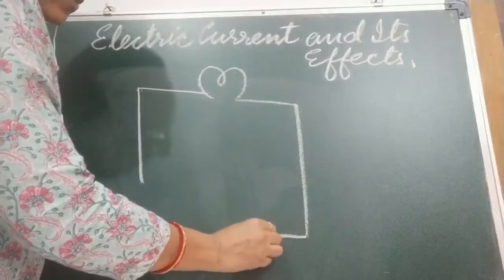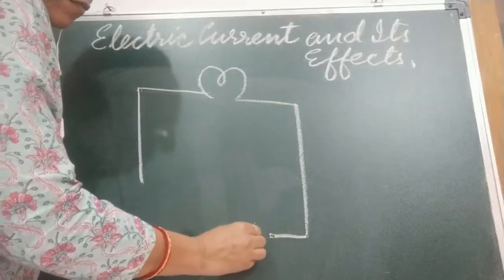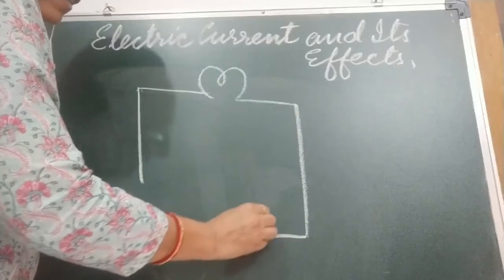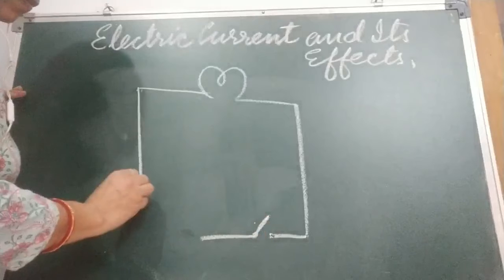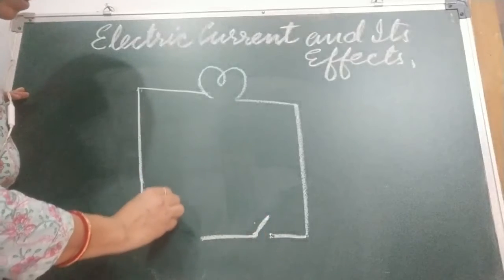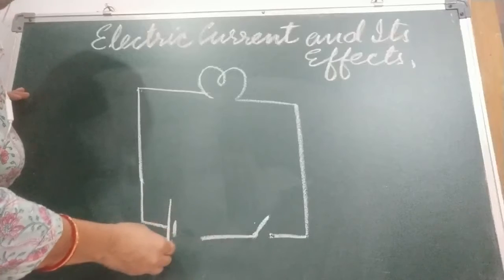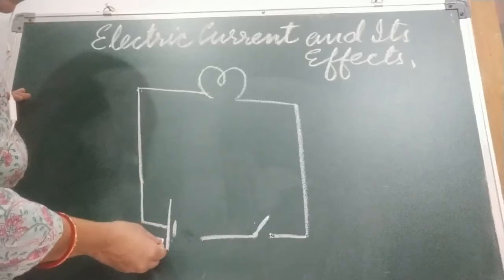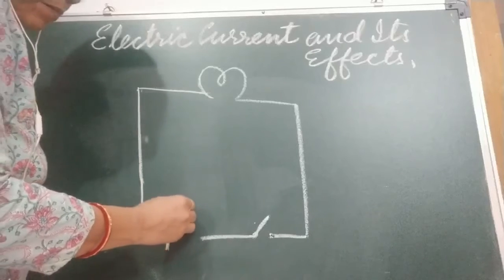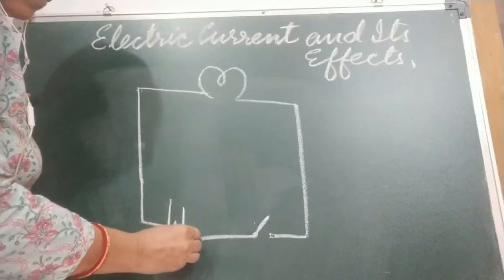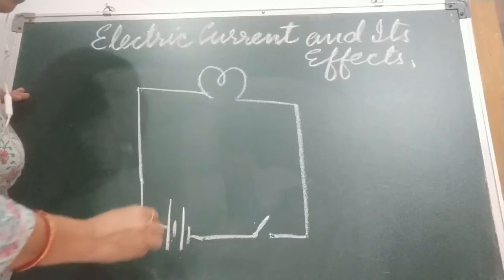Now we need switch for on and off. This is off position. Now this is one cell. If our bulb is glowing with one cell, then the symbol is this. If it requires two cells, symbol is this. Now this is battery.